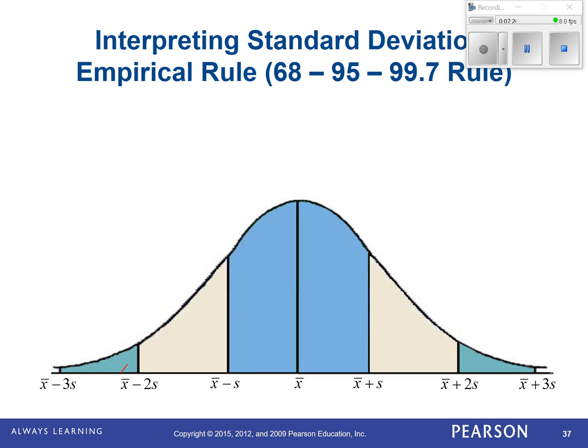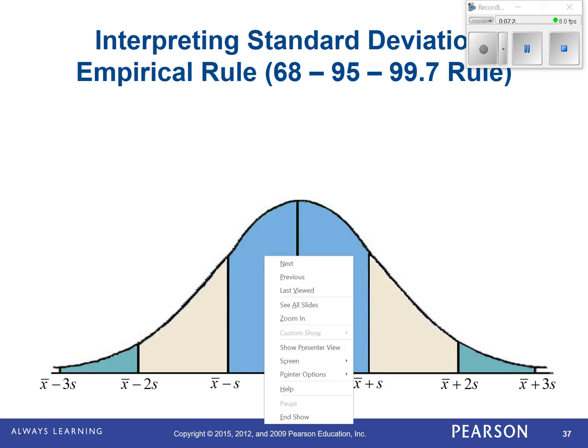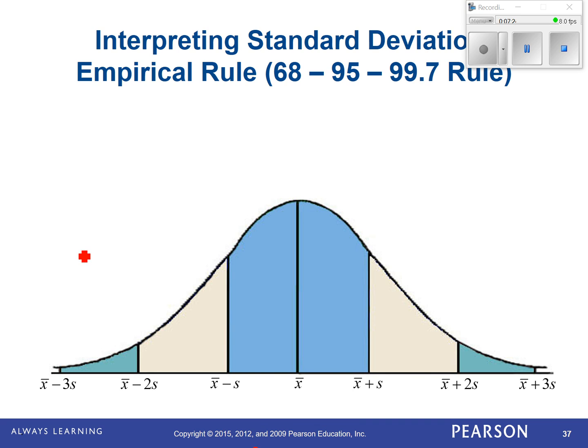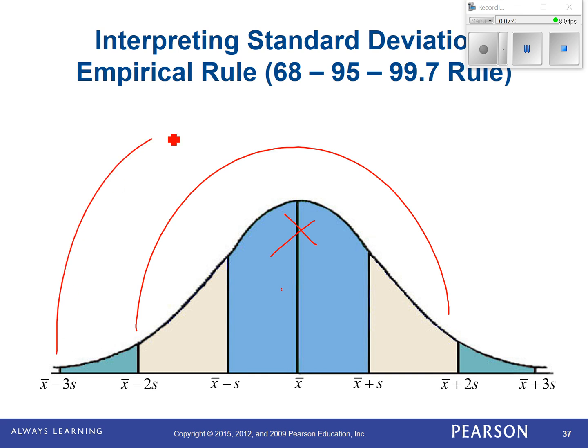This is what the bell curve looks like. Instead of me drawing that last time, we're saying 68% of the data falls in the blue area right here. Then from here to there is 95%, and then from here to there is 99.7%.